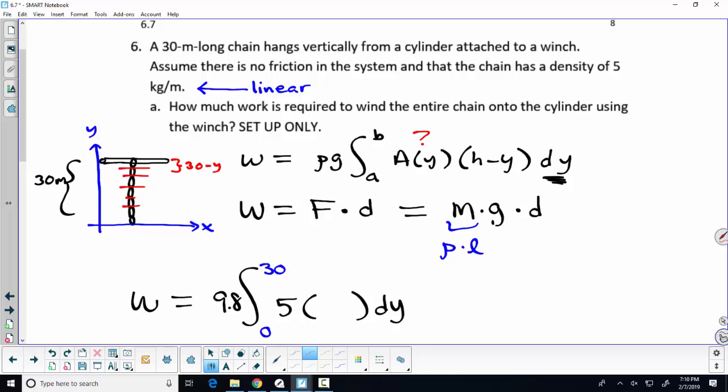Same with the distance from here to here. So there's our length, density, gravity, thickness, or distance. Do you have any questions on that?